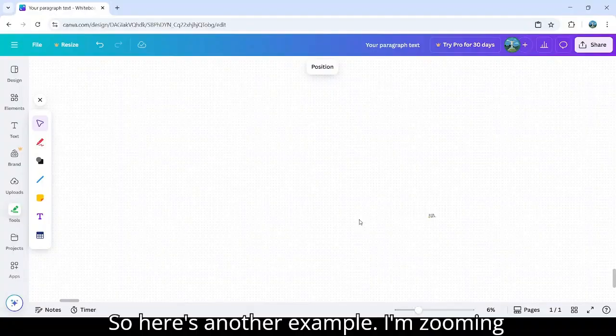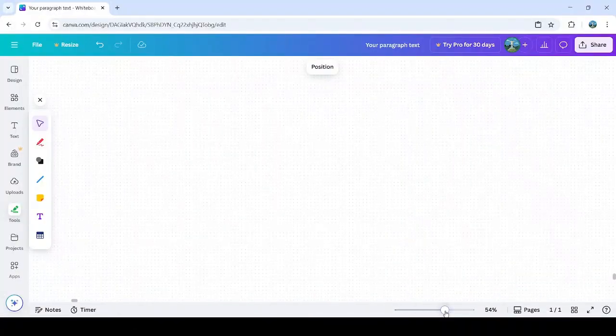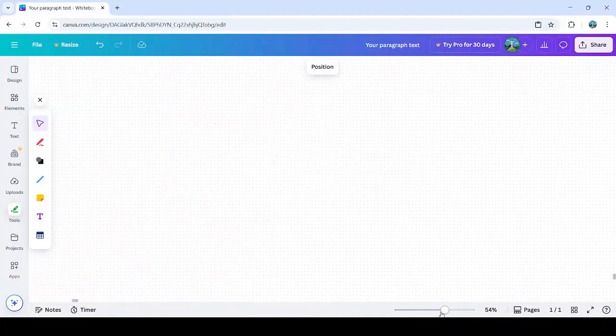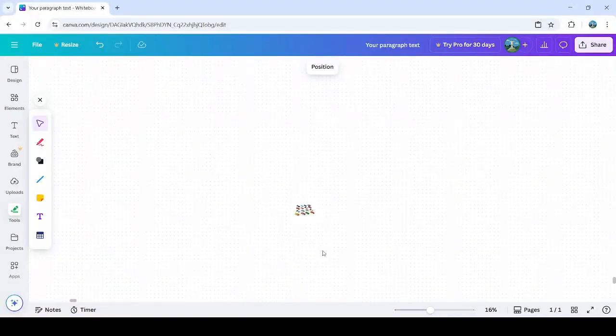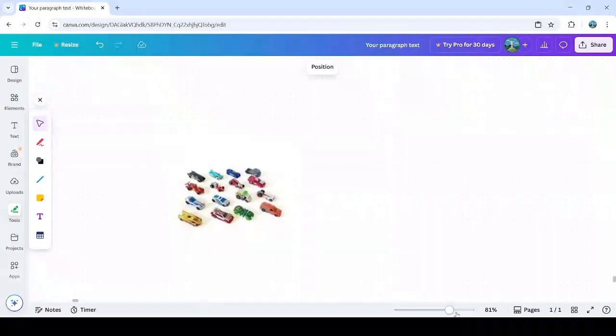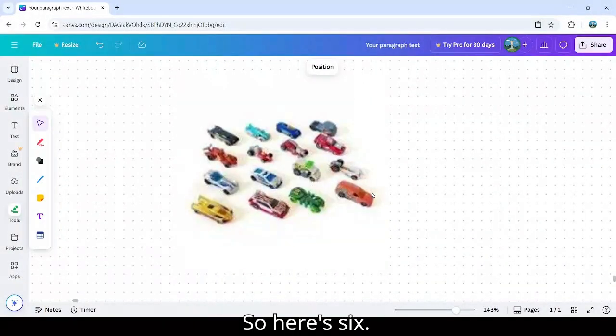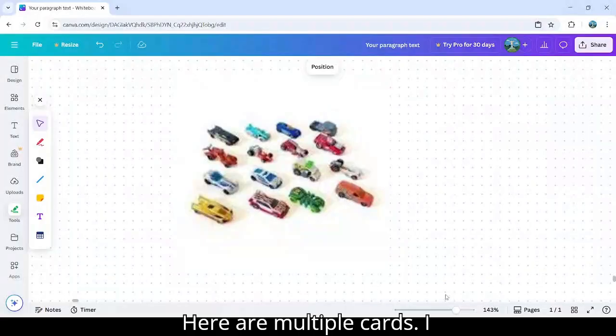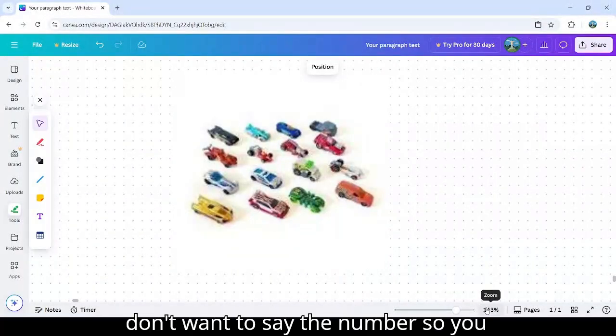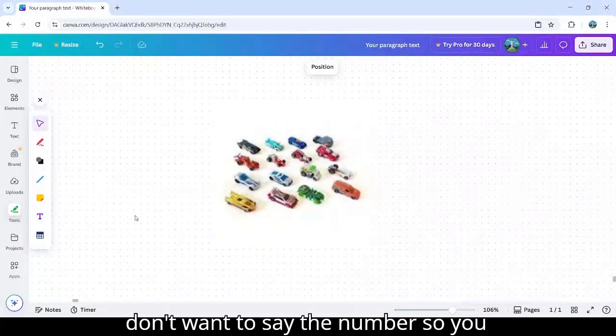So here's another example. Zooming in. I'm sure you can already see it. Here are multiple cards here. I don't want to say the number, so you can count it.